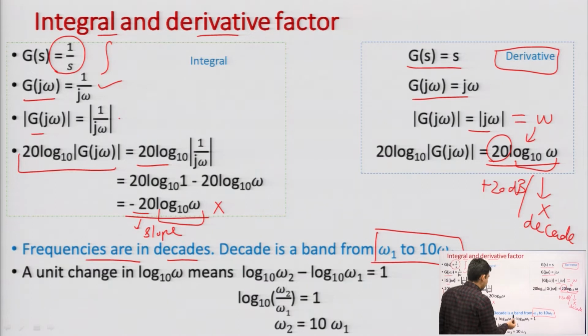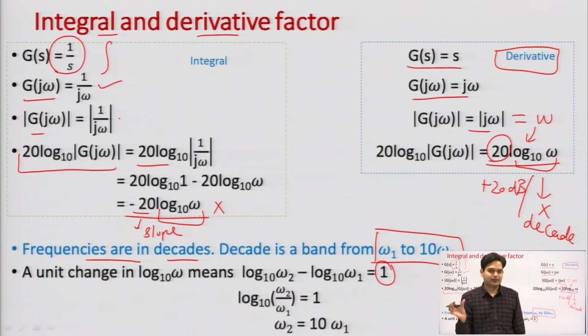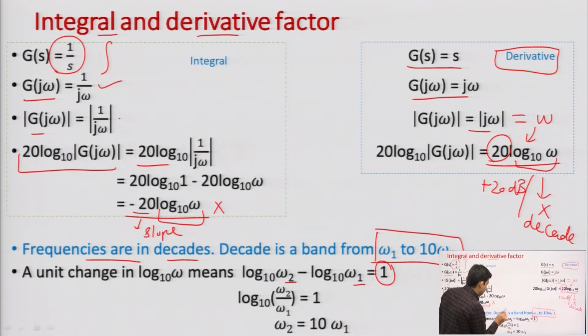For example, I have two frequencies, omega 1 and omega 2, and I would like to say their hopping distance is unity. It means if I move unity distance in the x axis, then what will happen? Suppose at the initial position I was at omega 1, and in the new position when I achieve this value 1, I am at omega 2.